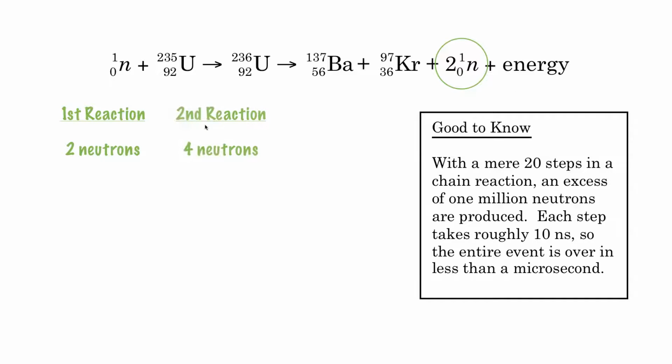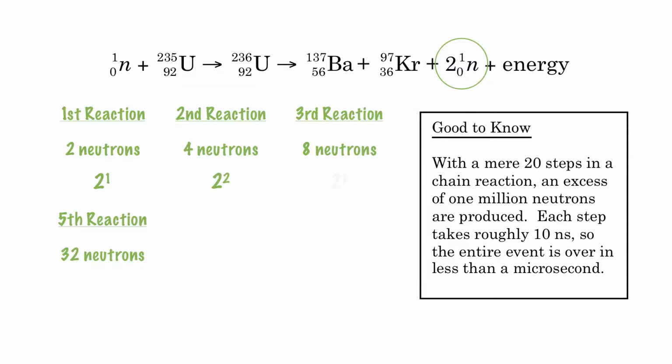Now these two neutrons both bombard another two uranium nuclei, and at the end we've got four neutrons. After the third reaction, those four neutrons have become 8 neutrons. After the fifth, we've got 32, and so on and so forth, until we've gone from 2 to the power 1, 2 to the power of 2, 2 to the power of 3, and 2 to the power of 5.